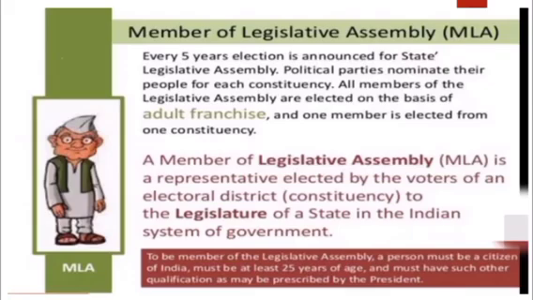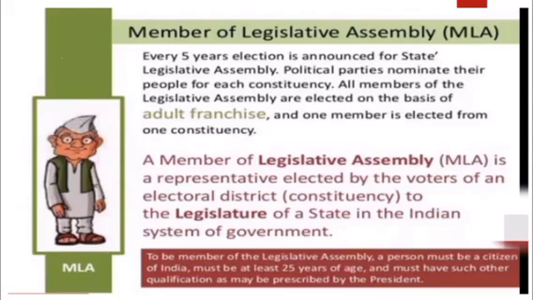Next, let's see about the member of legislative assembly, that is MLA. Every 5 years, an election is announced for the state legislative assembly. Political parties nominate their people for each constituency. All members of the legislative assembly are elected on the basis of adult franchise, and one member is elected from one constituency.